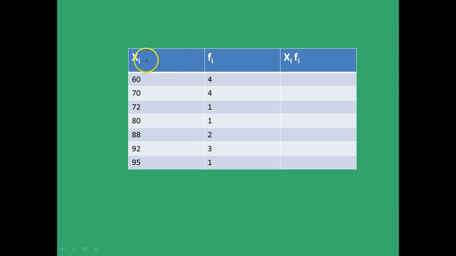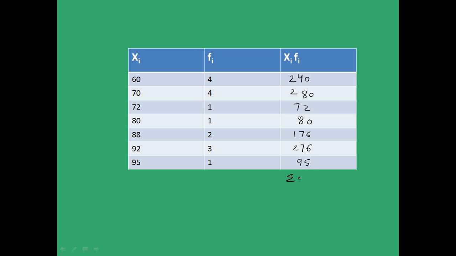Let's see how we can apply that in this case where xi is given here and fi is given here. So xi fi in each case would be, in this case exactly 240. In this case this is 280. This is 72. This is 80. This is 176. In this case there is 276, and this is 95.